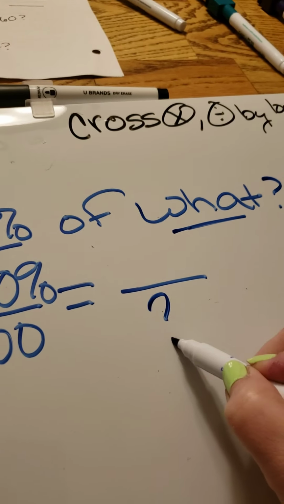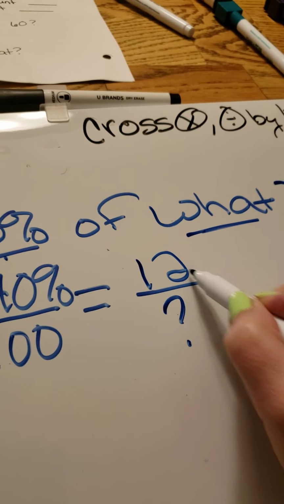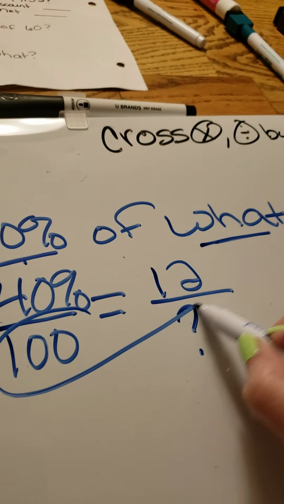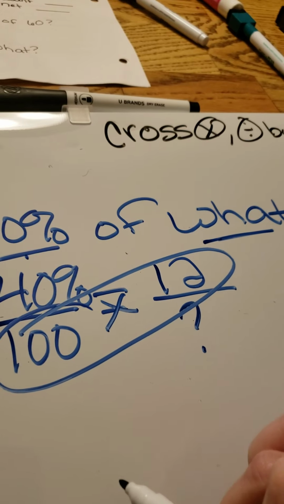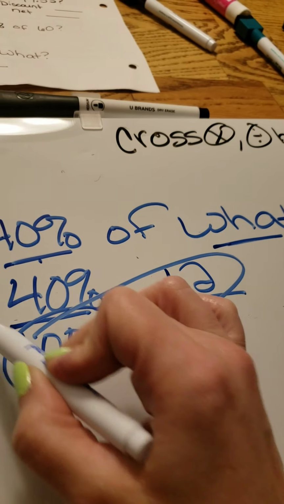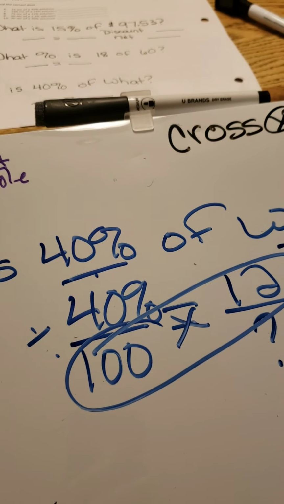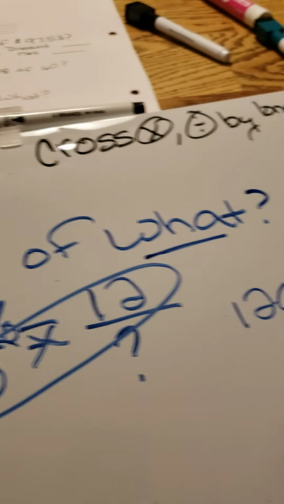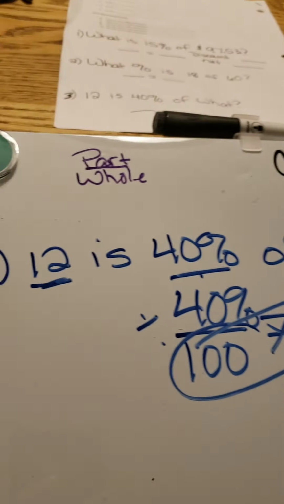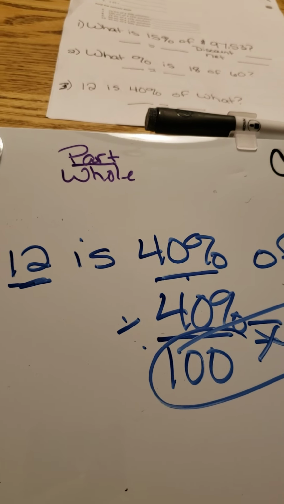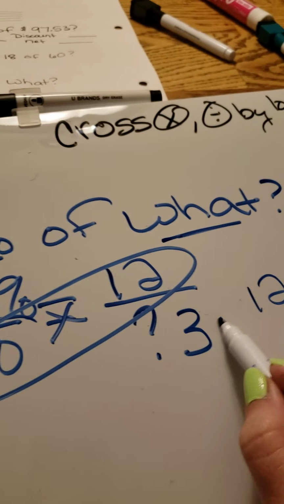So whole number is going to be a question mark, and 12 will go above. Cross multiply and divide. All right, cross multiply 12 times 100 is 1200. Divided by 40 gives me 30.